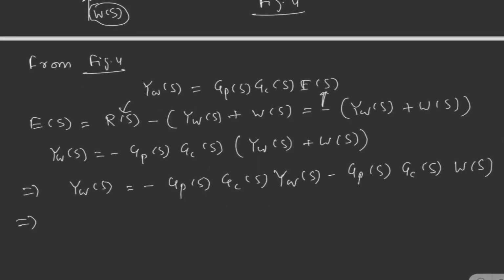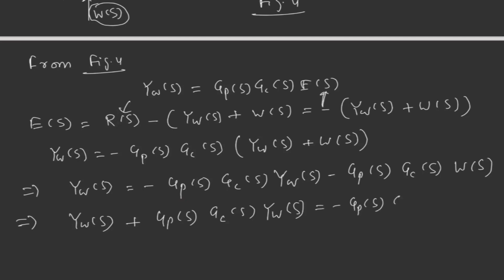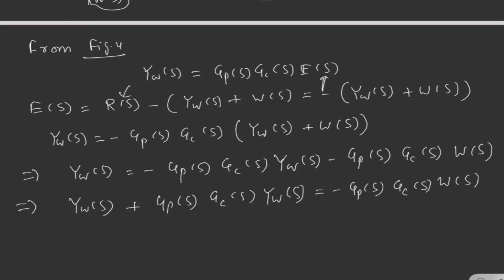If we rearrange the equation, we can write Y_W(S) plus G_P(S) G_C(S) Y_W(S) equal to minus G_P(S) G_C(S) W(S).